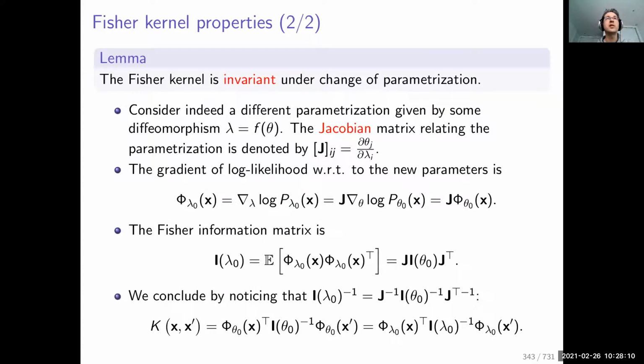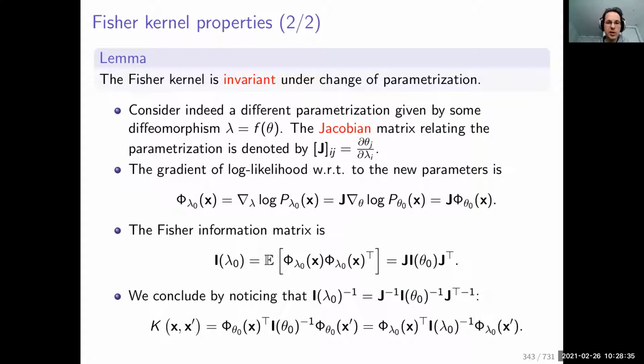Now let us look at an important property of the Fisher kernel. There is something very nice about it, which is that it's invariant under a change of parametrization. And this is nice because if you have a probabilistic model and you derive a kernel from it, and you make a change of variable, you obtain a different probabilistic model, but it would not be a nice property to have a different kernel.